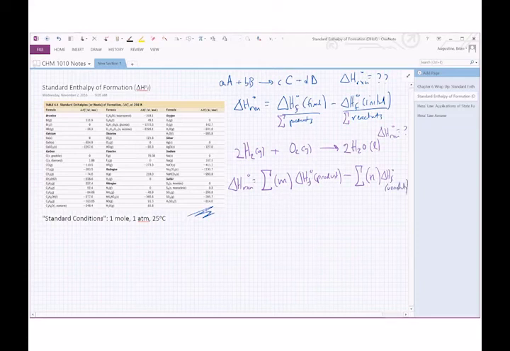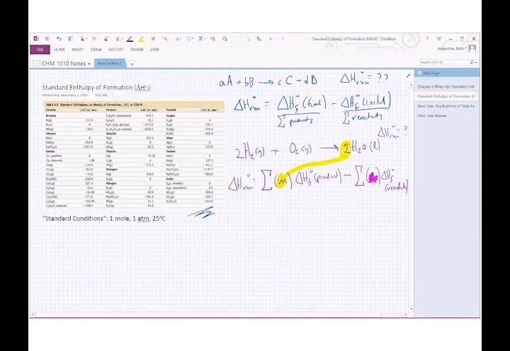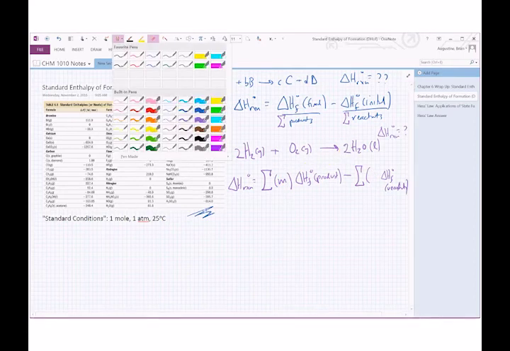All right, and you're still probably thinking, what does this mean? This is what this means. That M is related to the coefficients out in front of the product side, and that N is related to the coefficients in front of the reactant side. So let's write this out more explicitly so you know what I'm talking about.